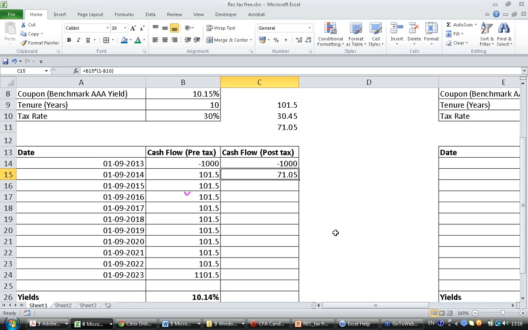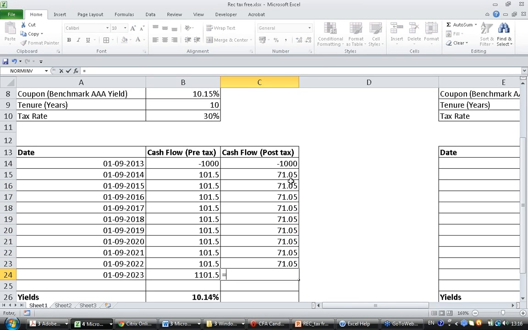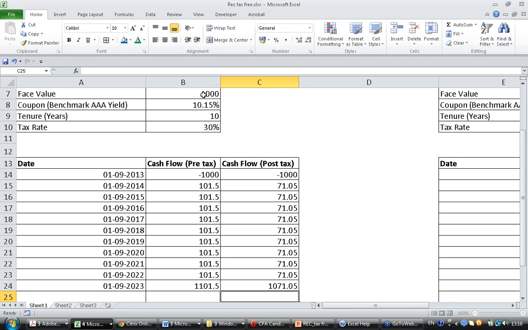That's what we have found here, which is 101.5 into 1 minus tax rate, right? So for the first 9 years, you will receive this post-tax coupon, that is 71.05, and in the 10th year you will receive 71.05 plus the face value of 1,000.